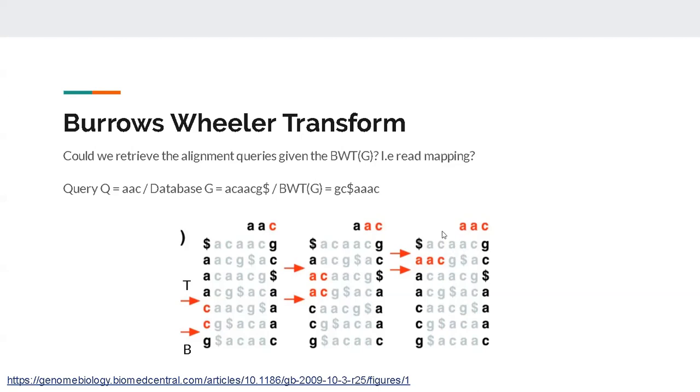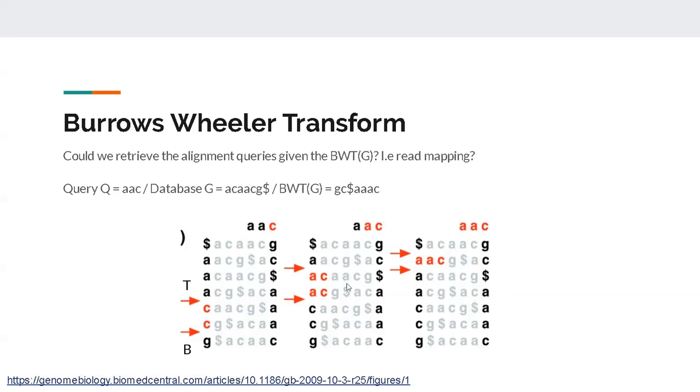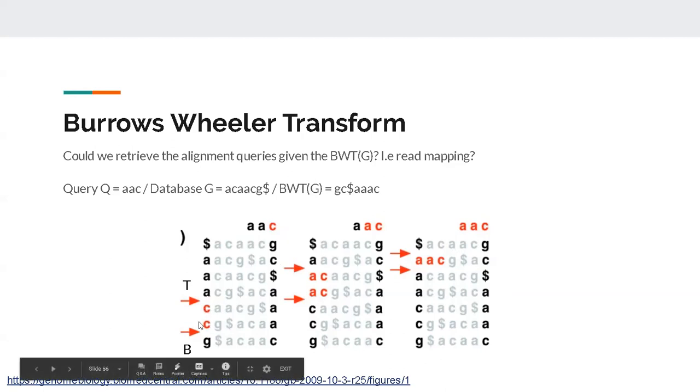Remember, you don't have this matrix anymore, right? You only have this particular string. Okay, got it. And also the fact that we are using the last-first mapping property, right? So when we look at this C, we now have 2 contenders. It could be either this C or this C. Right, you have to. I got that. Cool.